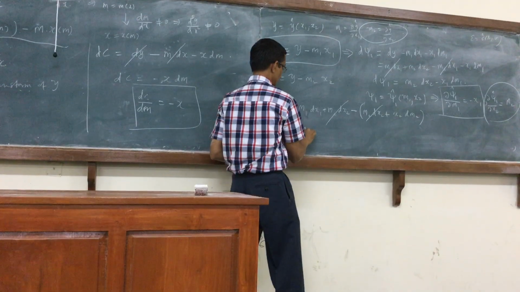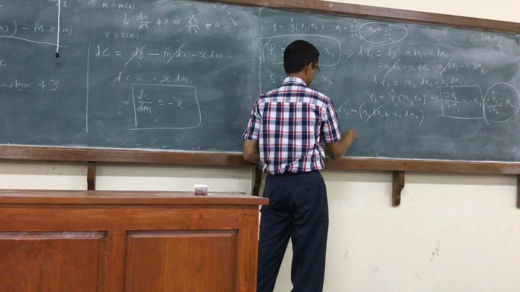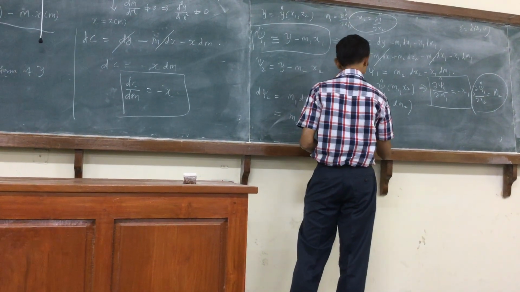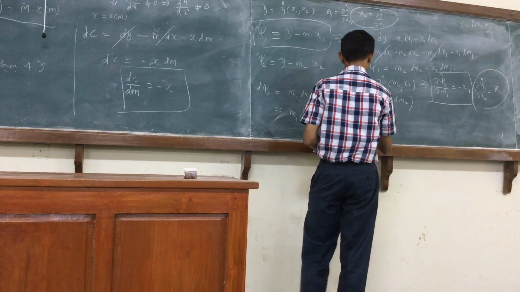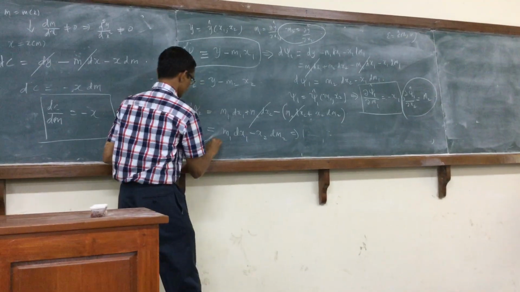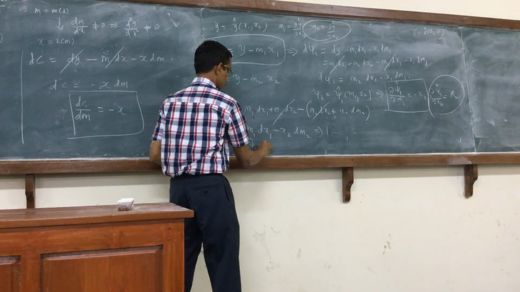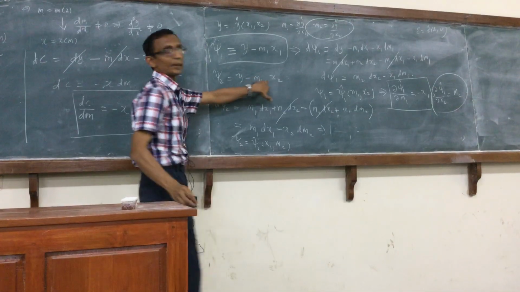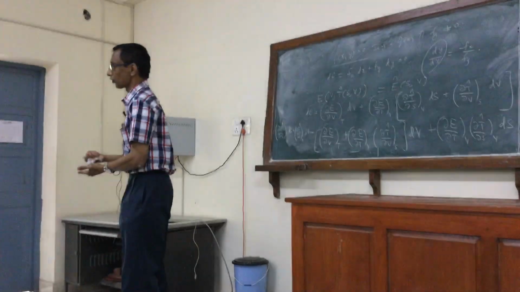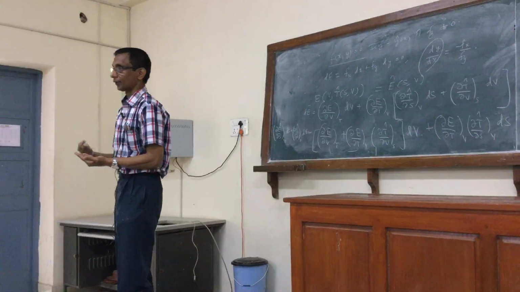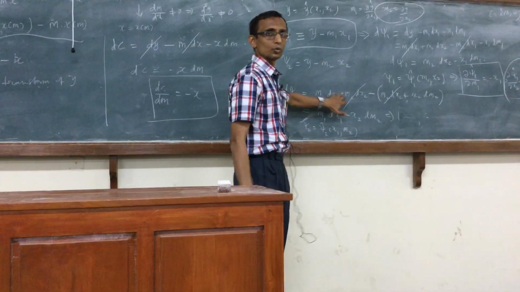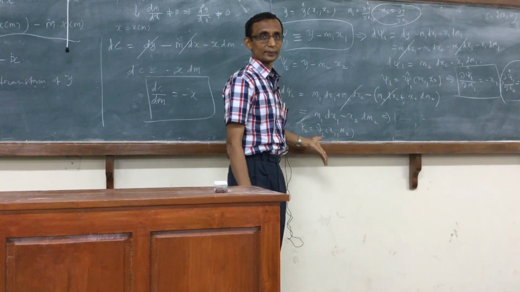D psi2 is m1 dx1 minus x2 dm2, which first means that psi2 is now a function of x1 and m2. So when I do y minus m2 x2, the x2 gets eliminated and replaced by m2 in the new function. You can see that pattern developing, and that is simply easy. If you are not sure of that, you just have to do this simple manipulation and you get that immediately.